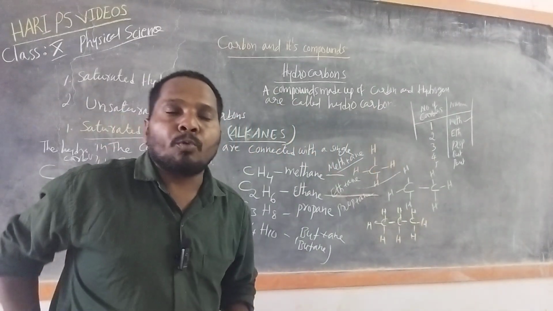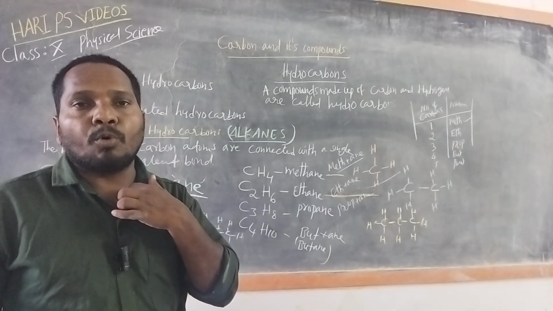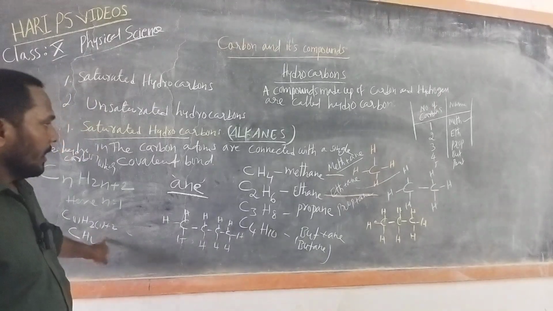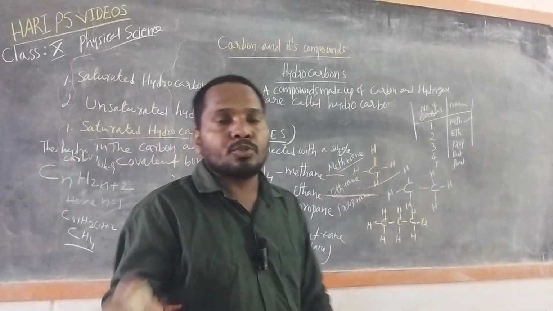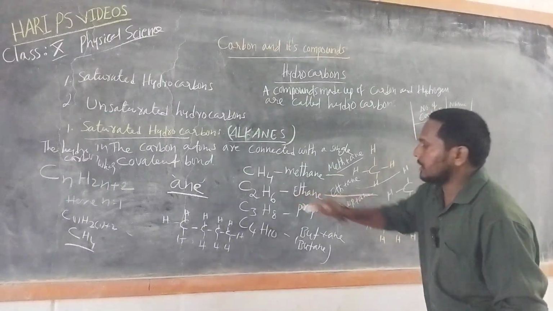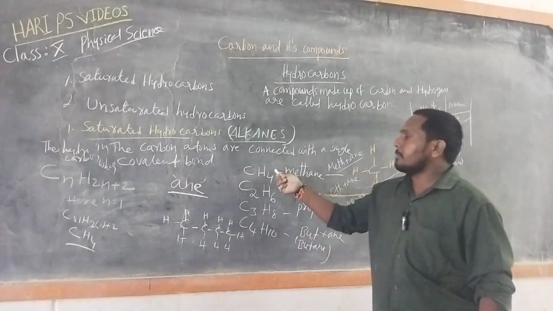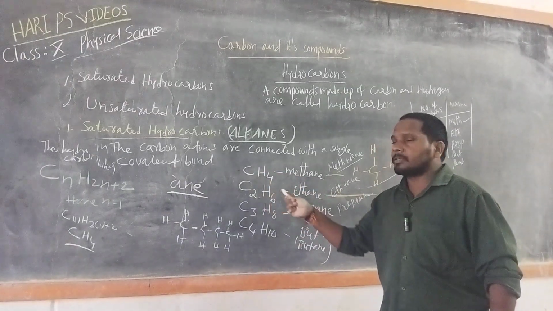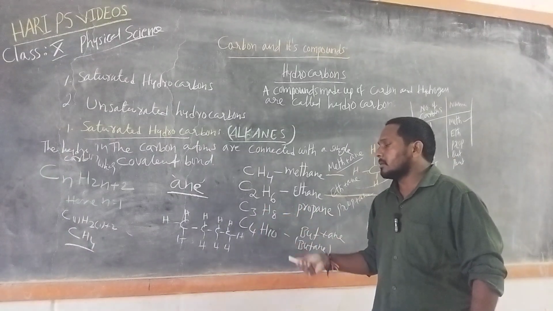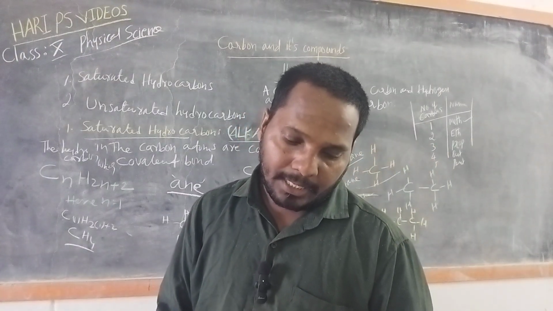If an alkane has only one carbon atom in its molecule, then n is equal to 1, and its molecular formula is CH4. If the hydrocarbon has 2 carbons, it is ethane. If it has 3, propane. If it has 4, butane. So 1 carbon is CH4, 2 carbons C2H6, 3 carbons propane C3H8, 4 carbons butane C4H10.